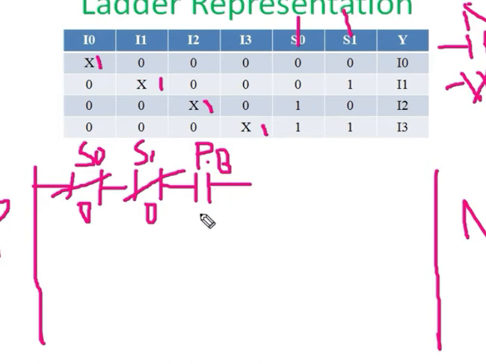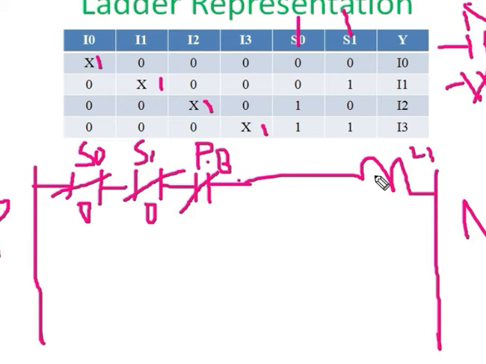Okay guys, so now I have only one load, so I will take one lamp because I am controlling only one lamp. So when I am selecting 0 0, I will give the input as I0, meaning I0 is my train, and that is ready to move. When I make start, it will move to the destination.